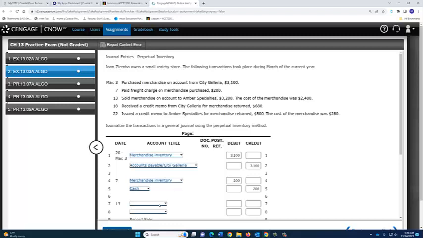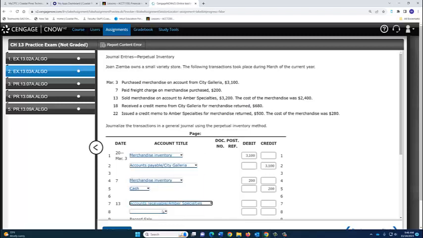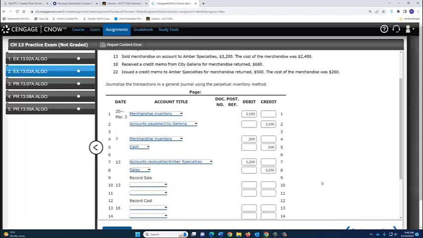Okay, so on the 13th we sold merchandise, so we will debit accounts receivable and credit sales, and the retail price was $3,200 that we charged our customer. Now we need to move the cost of the inventory out of merchandise inventory because we do not have that anymore.